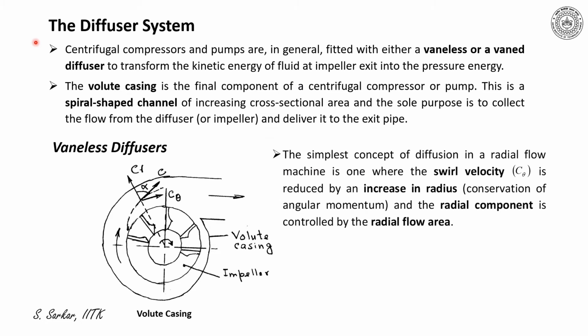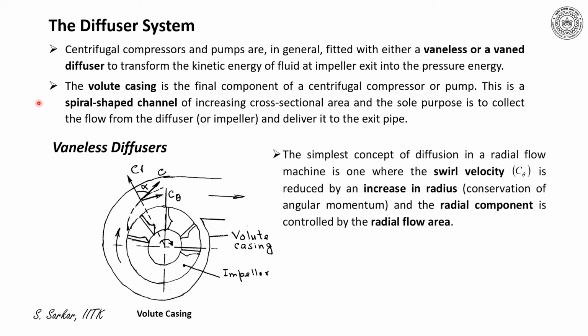I have discussed here the diffuser system. Centrifugal compressors and pumps are in general fitted with either a vaneless or vane diffuser to transform the kinetic energy of fluid at impeller exit to pressure energy.